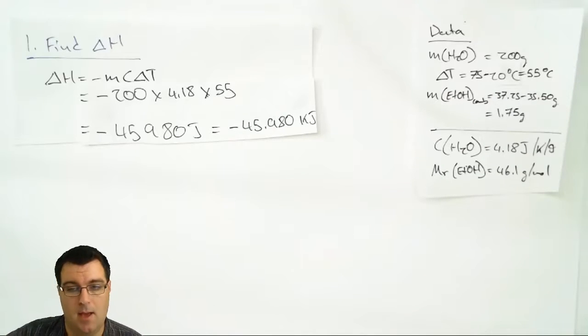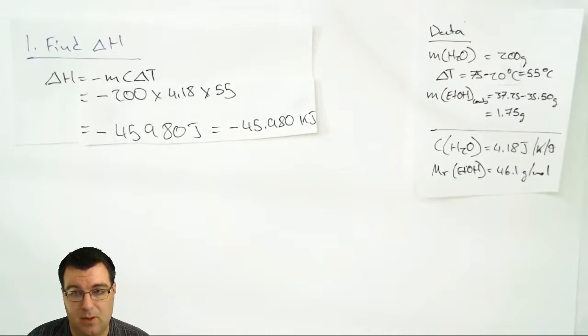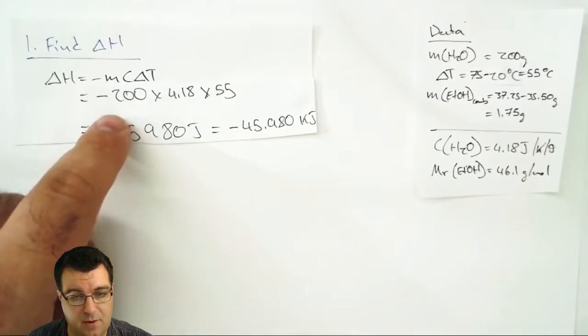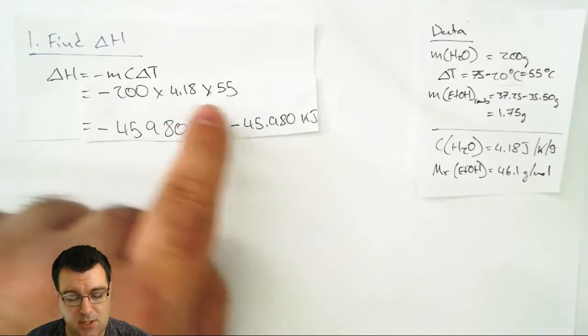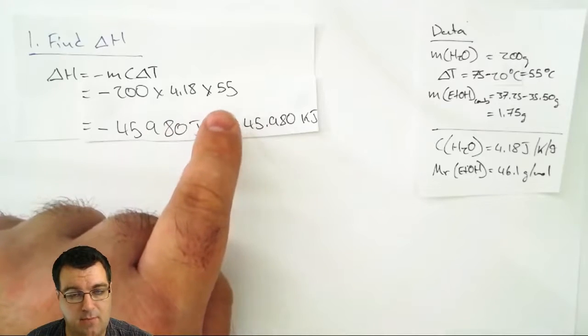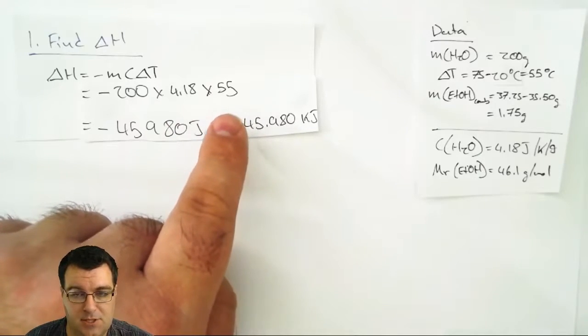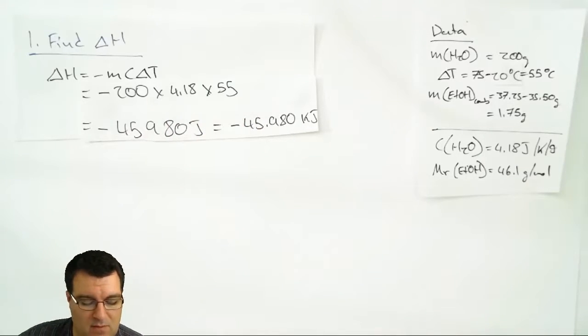What we do here is just plug our values in. We have 200 grams of water, the heat capacity of water doesn't change, and we also have our temperature change. That gives us 45,980 joules.